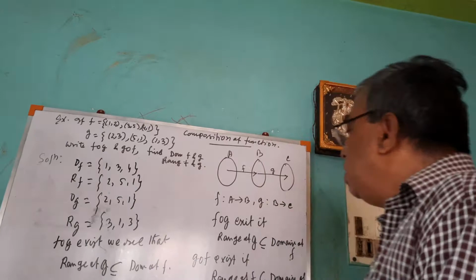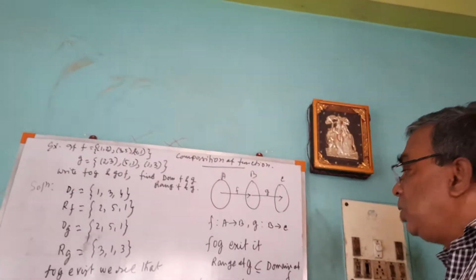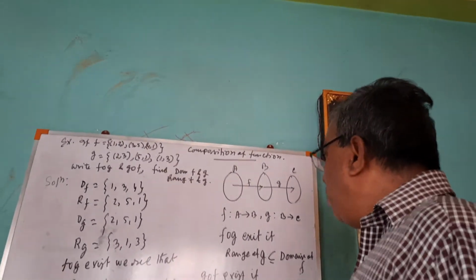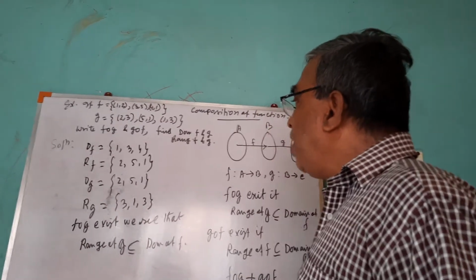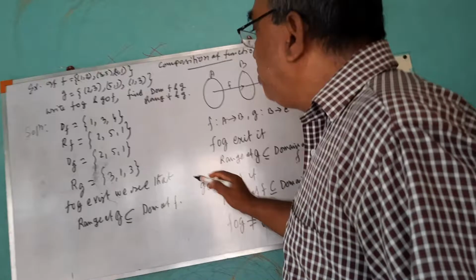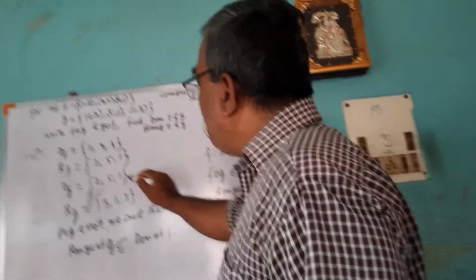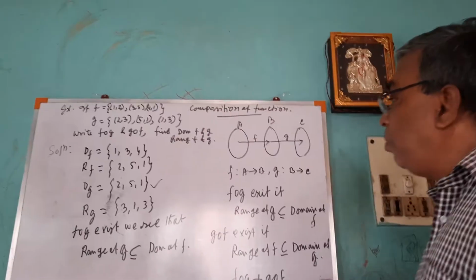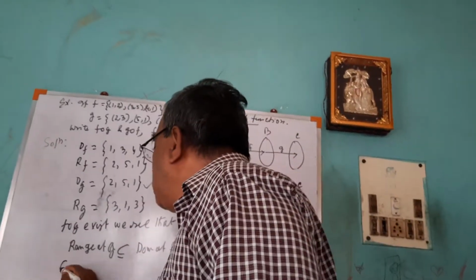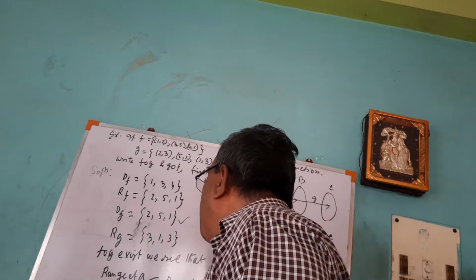Similarly, you see, does G O F exist or not? That is range of F. What is range of F? 2, 1, 5. 2, 1, 5 is a subset of domain of G. Yes, range of F is a subset of domain of G. So you can write here G O F exists.